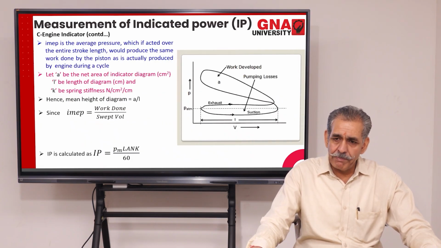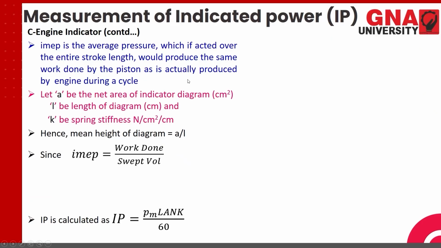So IMEP is the average pressure which, if acted over the entire stroke length, would produce the same work done by the piston as is actually produced by the engine during the cycle.